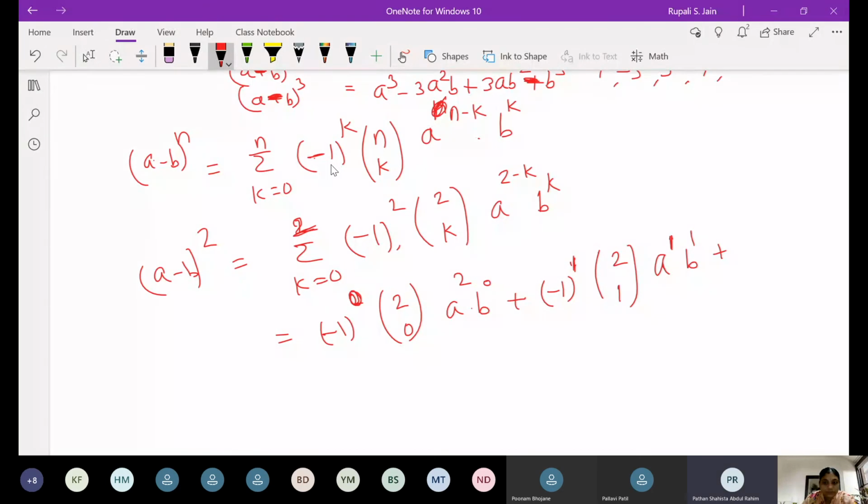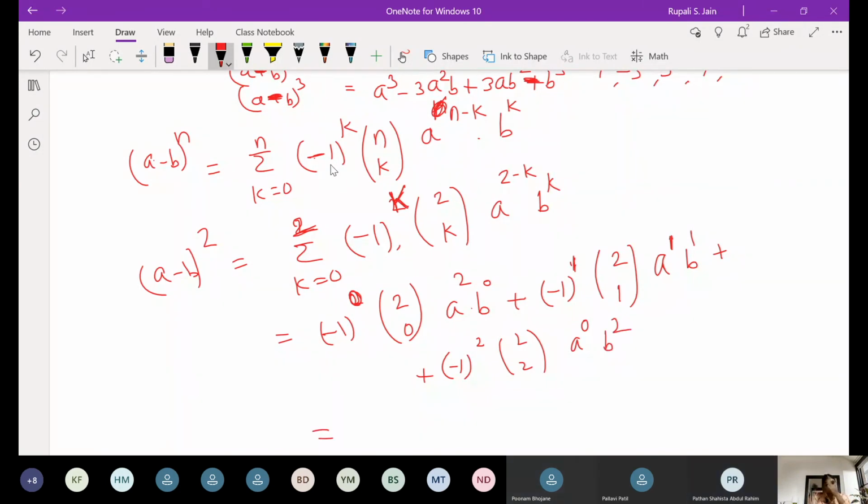Yes, minus 1 raised to 2, 2 choose 2. Here it is k, so here it will also be k, it won't be 2. Minus 1 raised to k, 2 choose 2, a raised to 2 minus 2, that is 0, and b raised to 2.